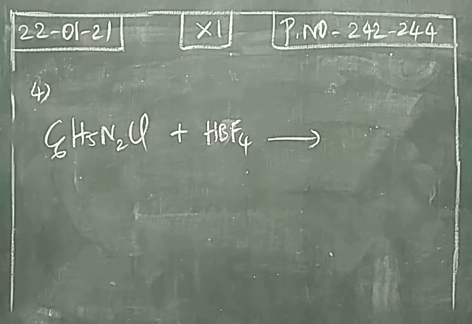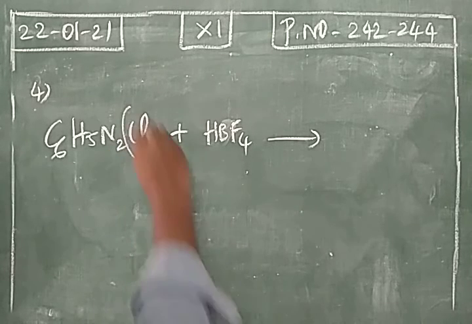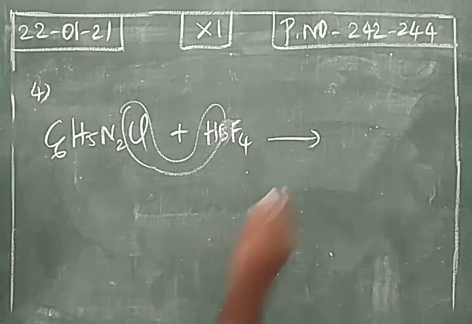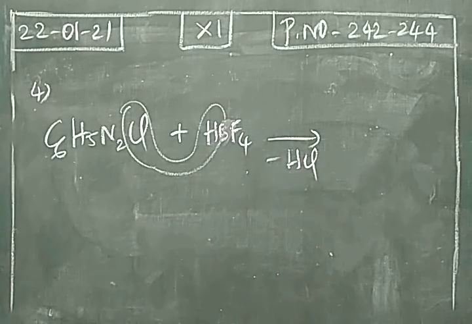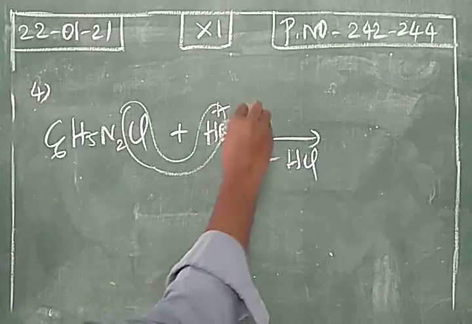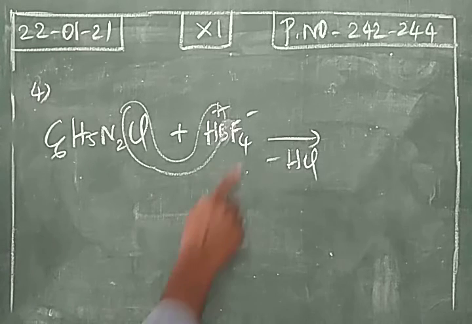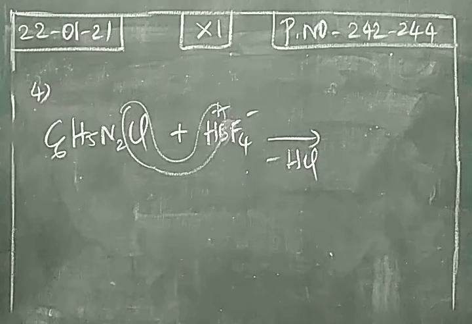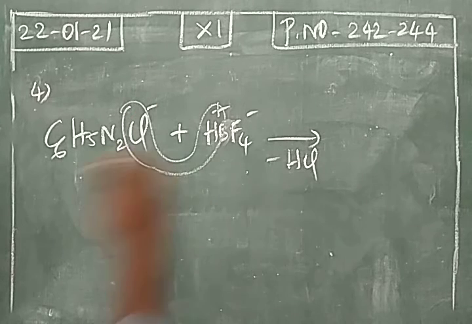First we will get an intermediate. So this is leaving us H plus BF4 minus, tetrafluoroborate ion, or simply fluoroborate ion, and the Cl minus and H plus is leaving us hydrogen chloride.